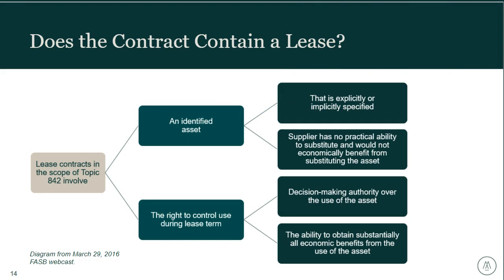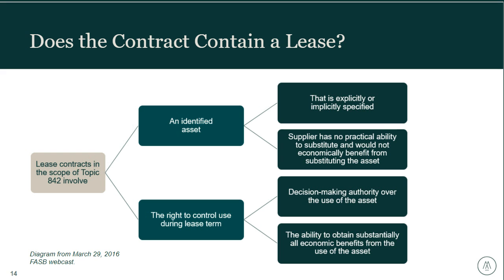So it's important to note, and we probably say this way too much, but we think it's important to note, how do you know a contract contains a lease? This is the primary change between the old ASC 840 versus 842. Again, you have to look at every contract that you have and whether it potentially can contain a lease.